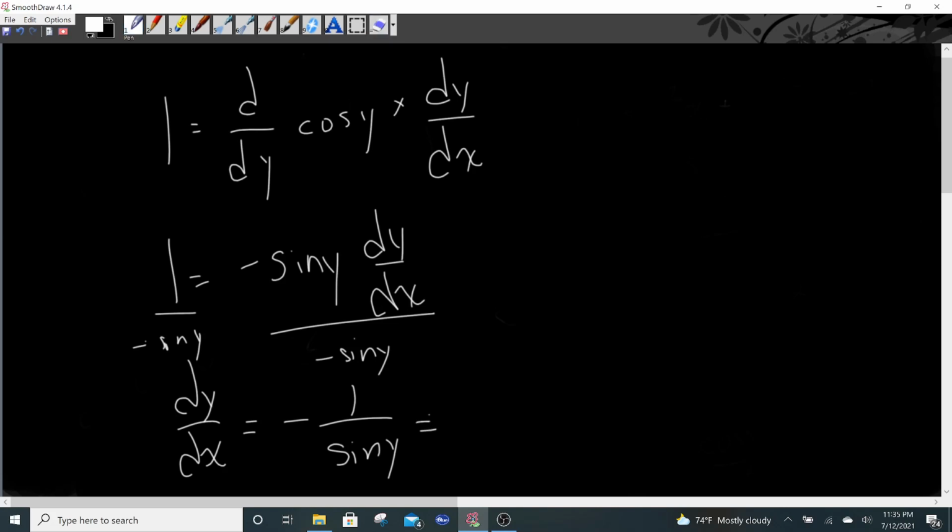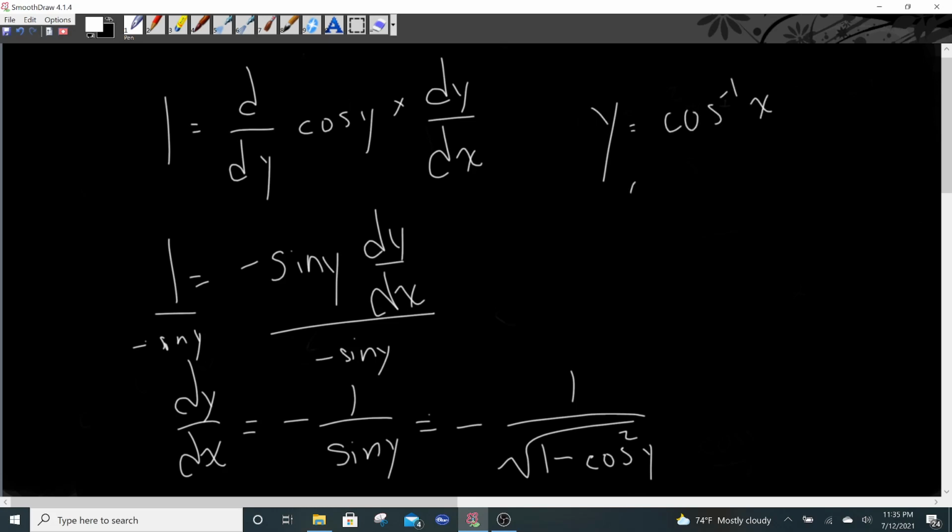So sine y is equivalent to the square root of 1 minus cosine squared y, which, let's think, we have y equals the inverse of cosine x, which means that x is equal to cosine y.